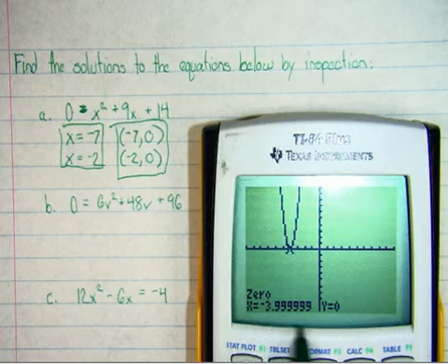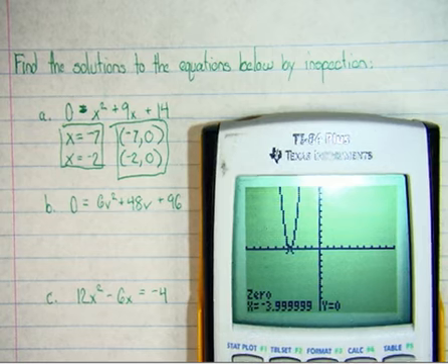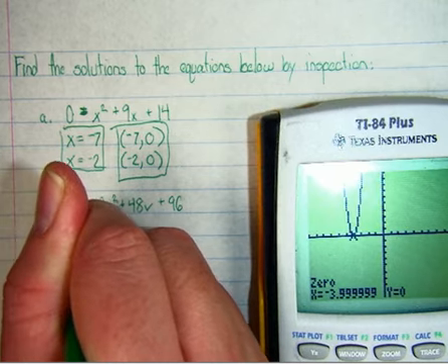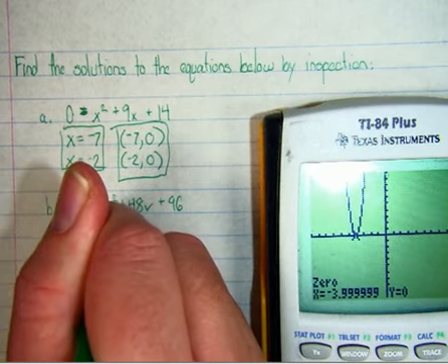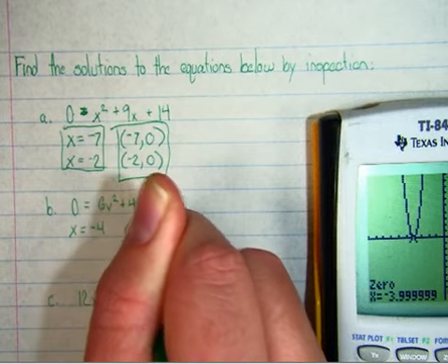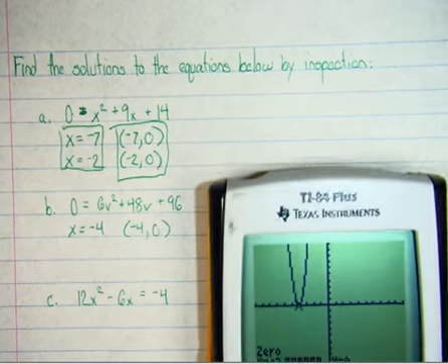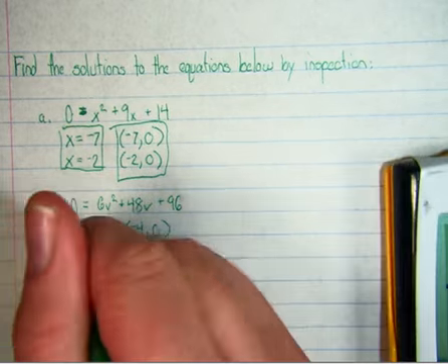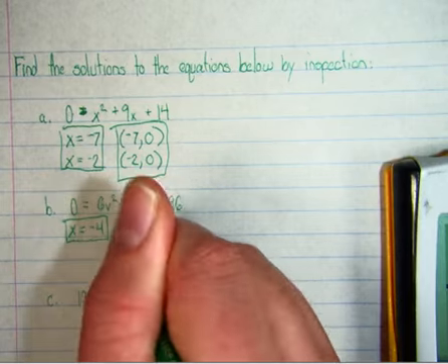So when you see -3.99999, you're very safe in assuming that that is actually -4. So the solution here would be x equals -4, which we could also write as (-4, 0). And because it just touches the x-axis in one place, that's our only solution. So that's our answer right there.